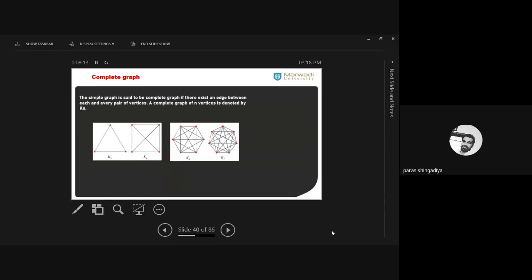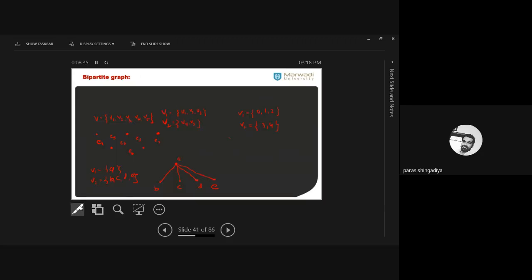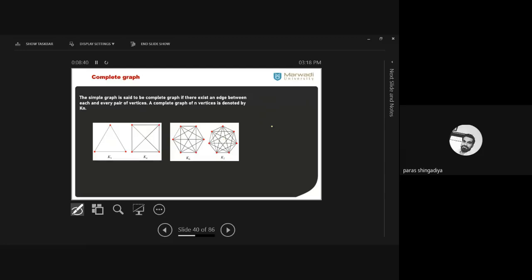Okay, for example, if I consider one graph here, let us take 3 vertices. That's first vertex, second vertex, and third vertex.